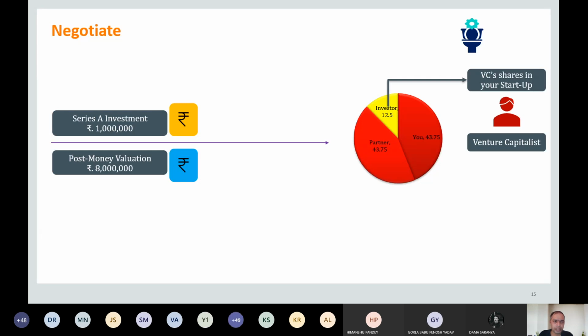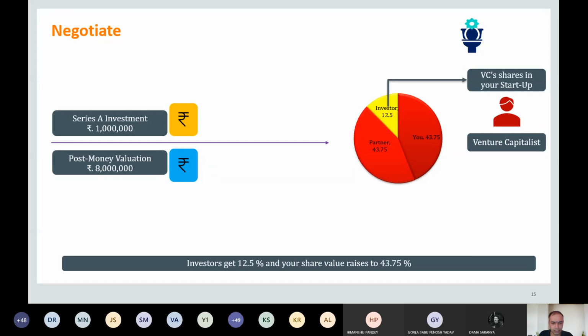Now your venture capitalist is telling you, I will invest 8 lakh rupees for 12.5 percentage of your shares. For 12.5% of your business, the VC will invest 8 lakh rupees in your company. So when someone is investing 8 lakh rupees for 12.5 percentage, your share value goes from 40 percentage to 43.75 percentage.